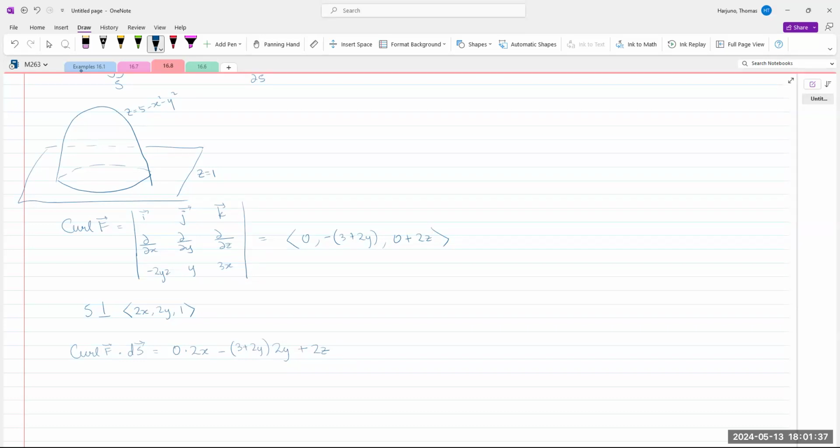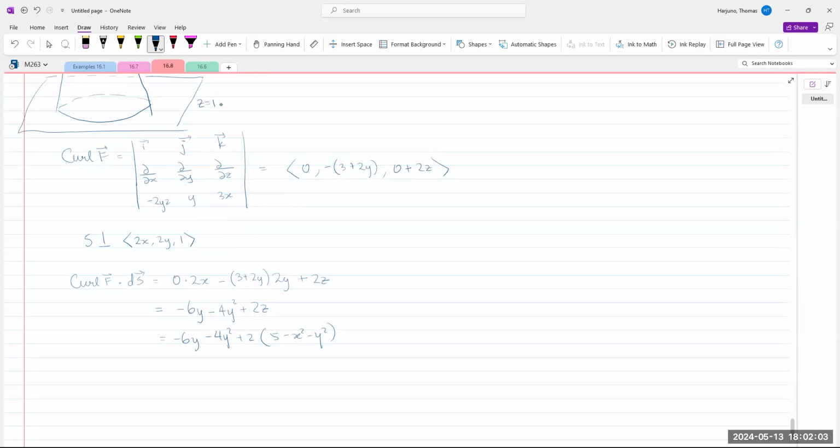So negative 6y minus 4y squared plus 2z. But our z on that surface S is 5 minus x squared minus y squared.